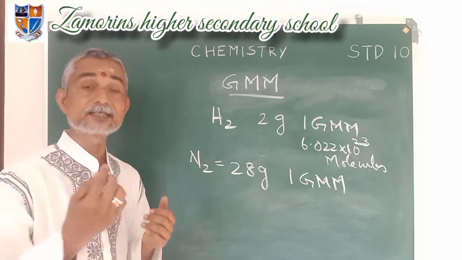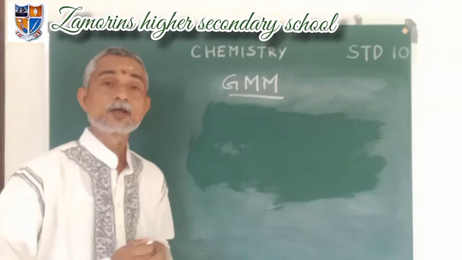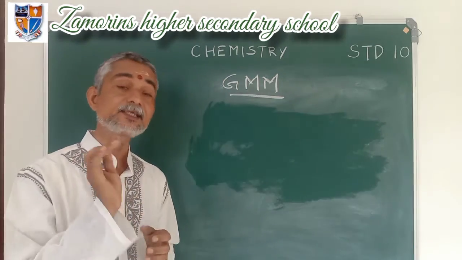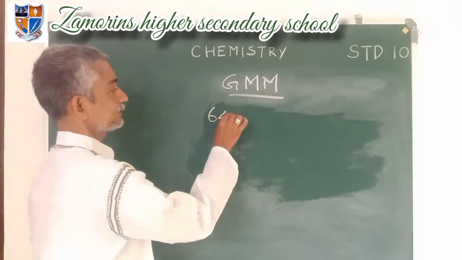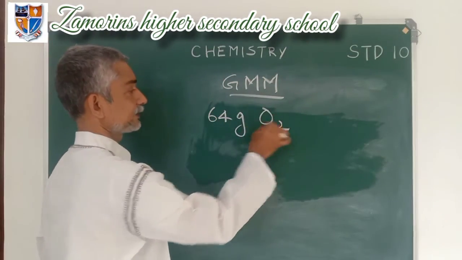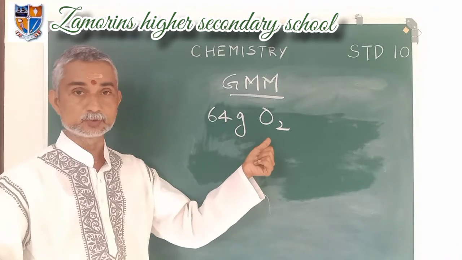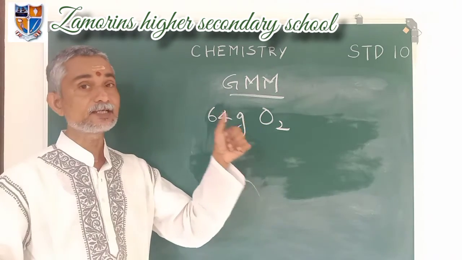Let us see another small mathematical problem. How many GMM are present in 64 gram of oxygen? Here oxygen is a molecule, O2. So 1 oxygen atomic weight is 16.